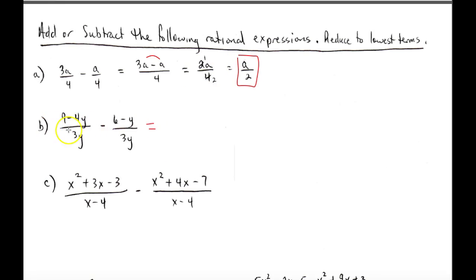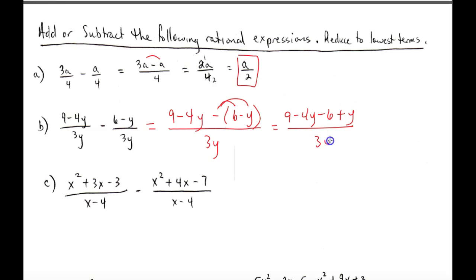Similarly here for example 2, since we're just doing subtraction, we will just subtract numerators, and notice how I'm putting the second expression in the numerator in parentheses so that we can remember to distribute our understood -1. And then from there we will reduce. So we know that 9 minus 6 is 3, and -4y plus 1y is -3y.